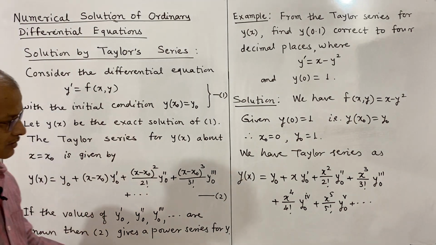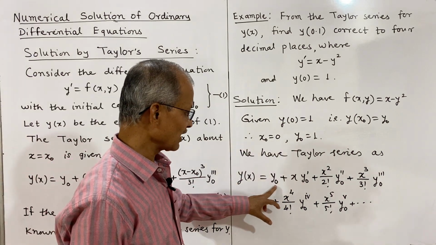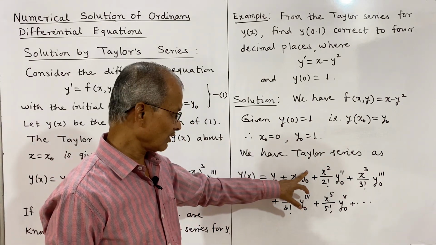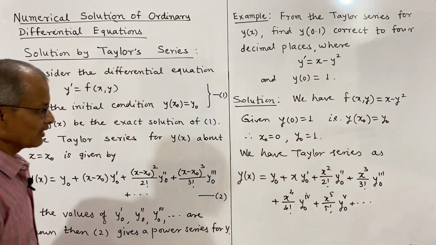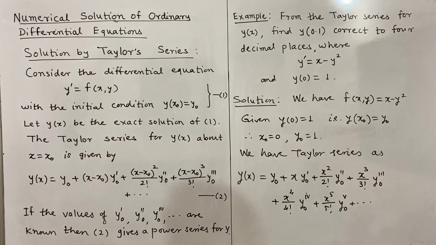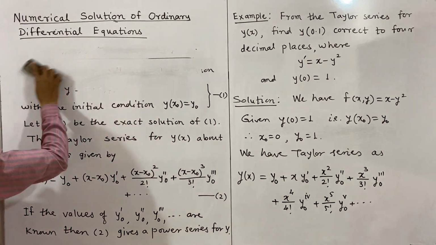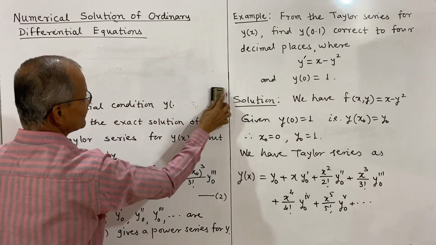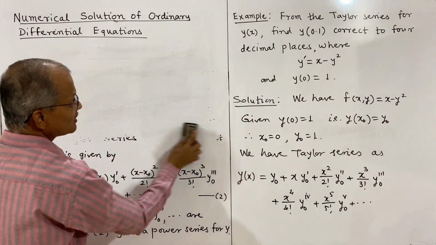And now our next step will be, we have to calculate these values: y naught, the first derivative, second derivative, third derivative, etc. Now we obtain these values and substitute these values in this equation. Further we will have to compute these values, and for that purpose we see the original function.